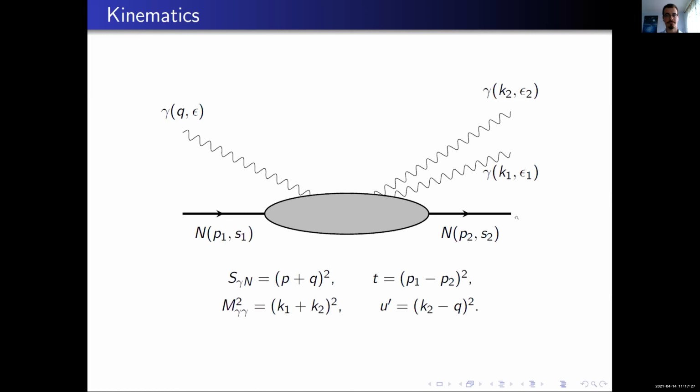In this process, we have, in fact, two hard scales. One of them is M squared, which is a hard time-like scale, and u prime is, on the other hand, space-like. So in some sense, we could say that this is something between DVCS and TCS in terms of hard scales.